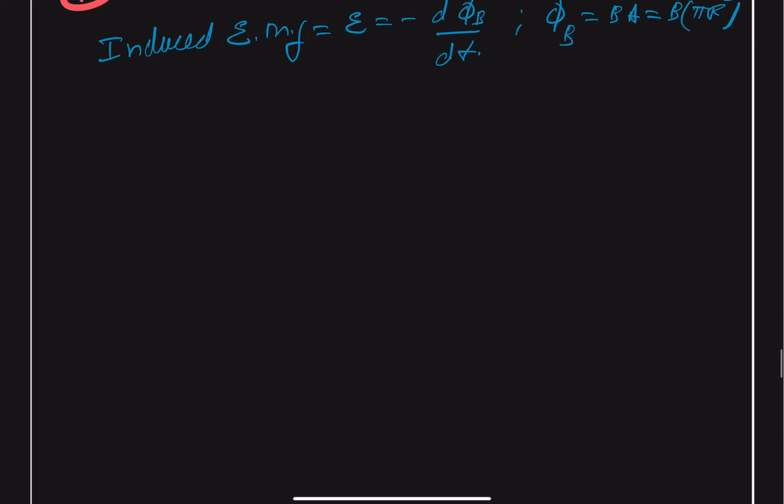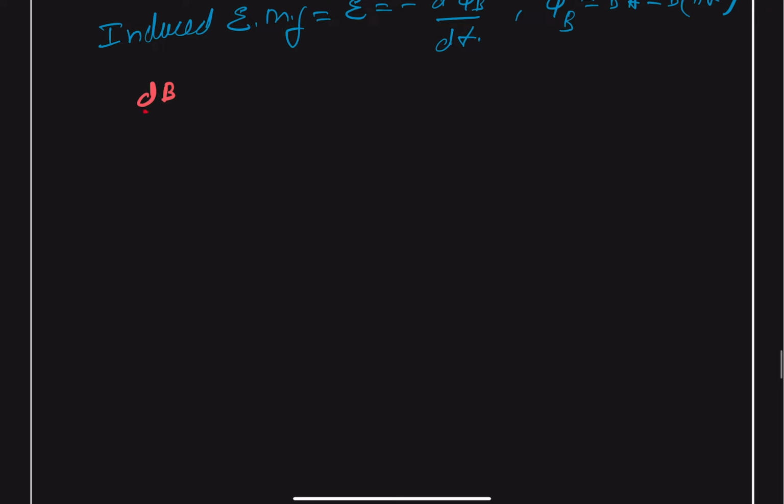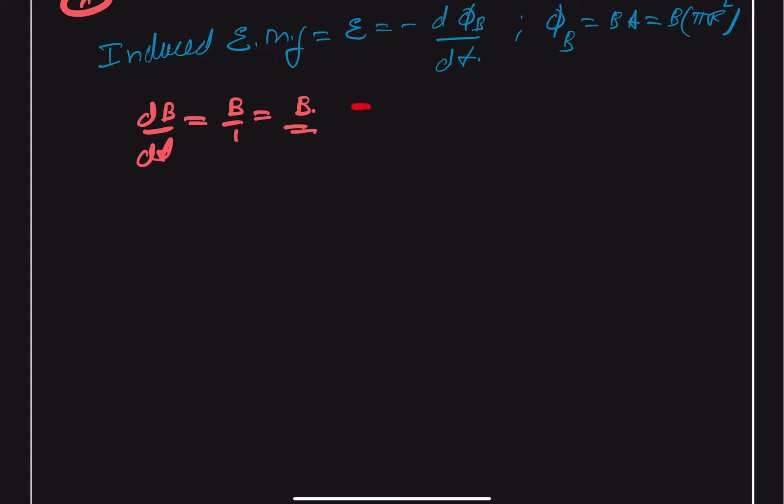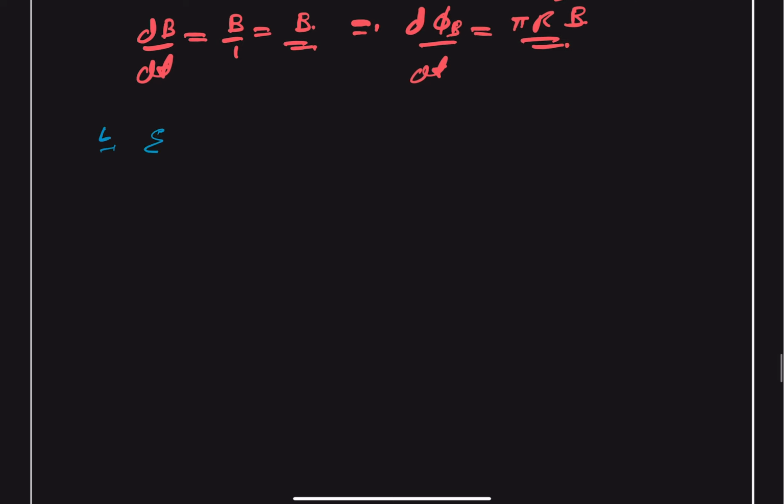Once again, we can write that the dB by dt is equal to B upon 1, and this comes as B. Therefore, from here we can write that d phi B upon dt will be equal to pi r square multiplied by B. Thus, the induced EMF will be equal to minus pi r square multiplied by B. We did this entire calculation previously also.